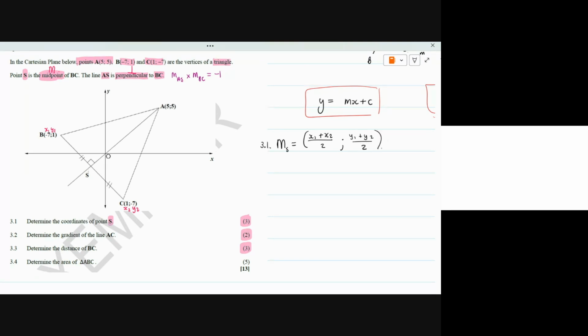And then you substitute your coordinates of B and C in that formula. That would be -7 plus 1 divided by 2, and for y is 1 plus -7 over 2.